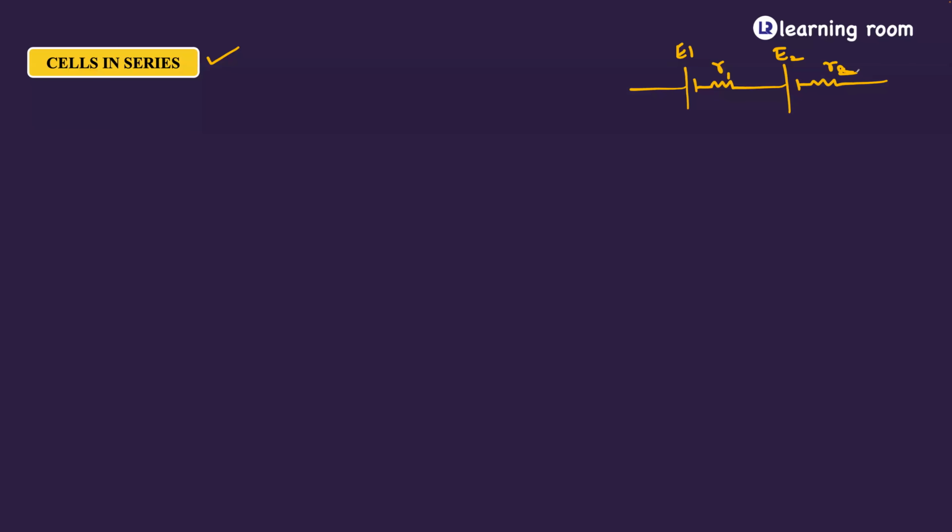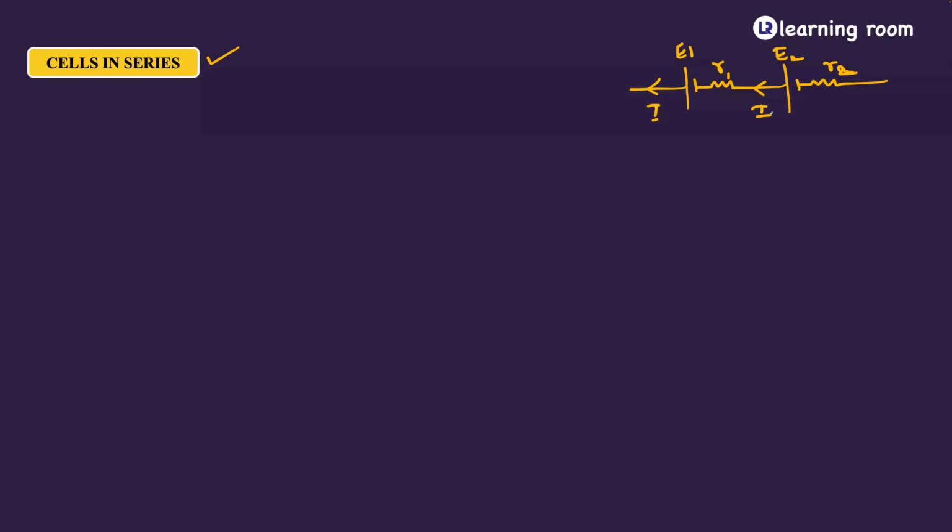E2 is also supplying current, right? They are supplying in such a way that the currents are complementing each other, that is, they are supporting each other. So let's say E1 releases current I1 and E2 releases current I2, what will be the net effect? It will be I1 plus I2, which I will call I itself. Am I clear with this?